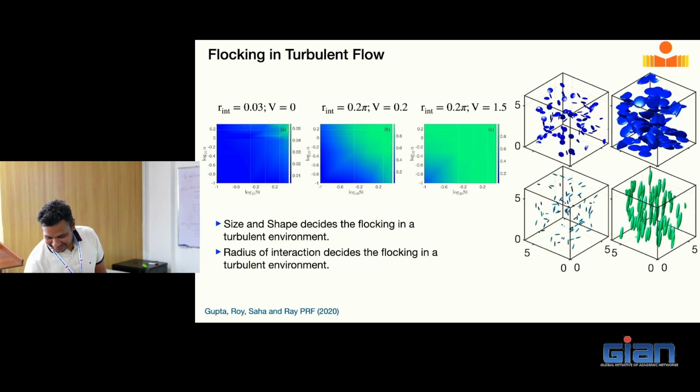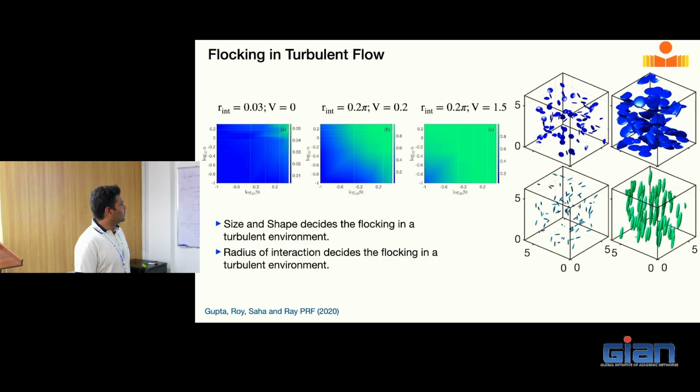That's why you see here that when you are a rod-like particle and your Stokes number is high enough, which means there will be preferential clustering in the strain-dominated region, there is going to be some degree of flocking.